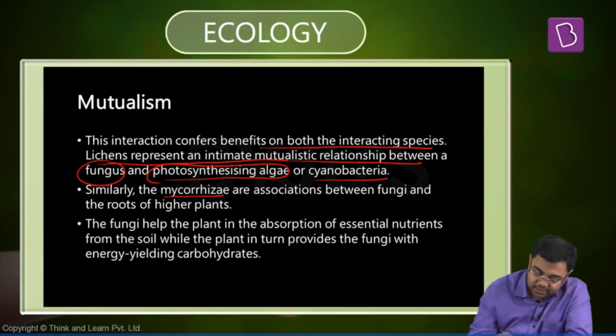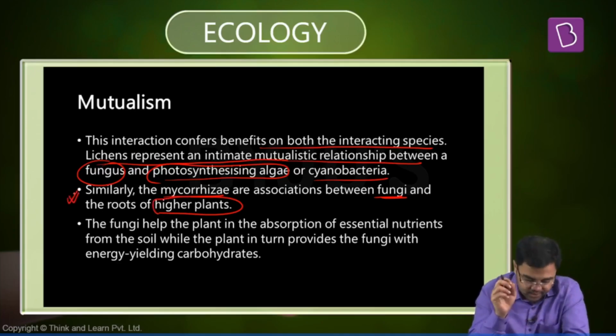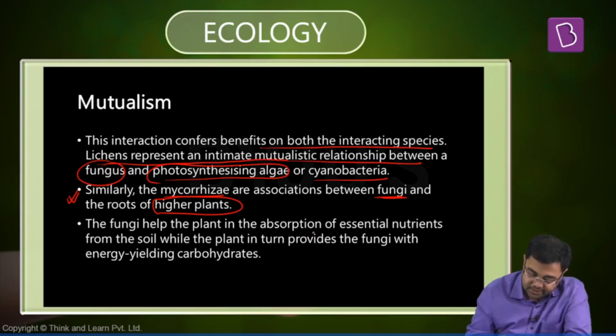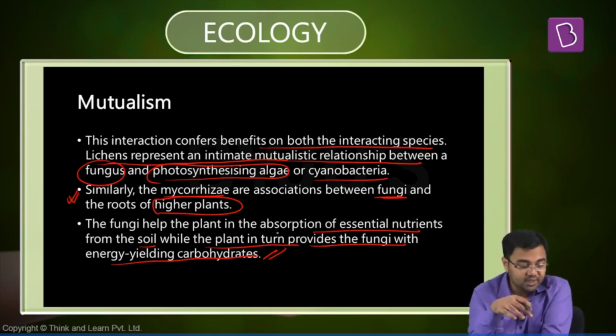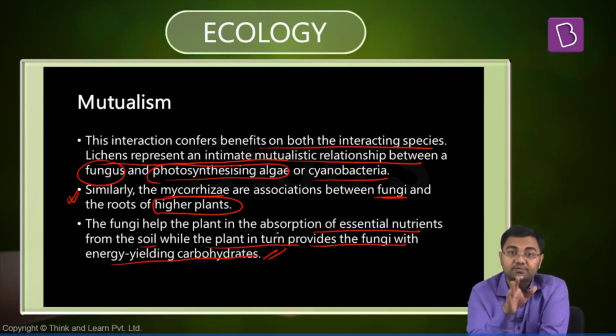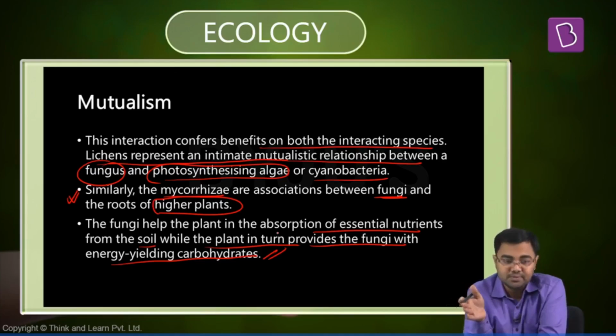Similarly, the mycorrhiza are associated between fungi and the roots of higher plants. So this is another mutualism. The fungi helps the plant in the absorption of essential nutrients from the soil, while the plant in turn provides the fungi with energy yielding carbohydrates. So this kind of thing where there is a win-win situation between the two organisms, this is called as mutualism.